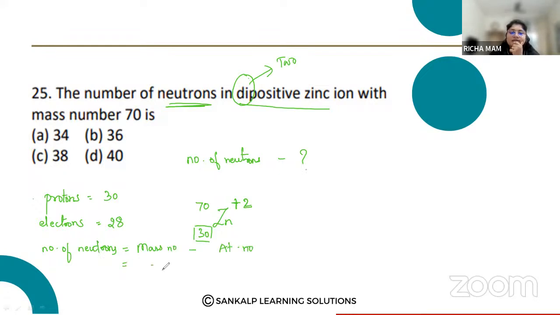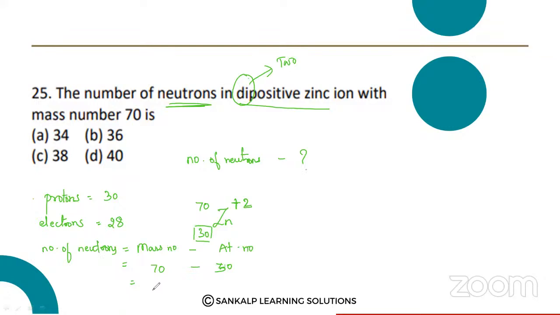The mass is 70 and the atomic number is 30, so it is 40. So the answer is option D.